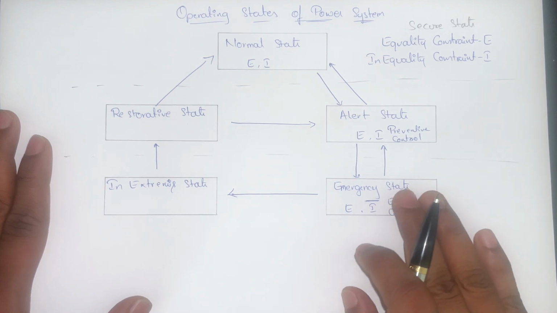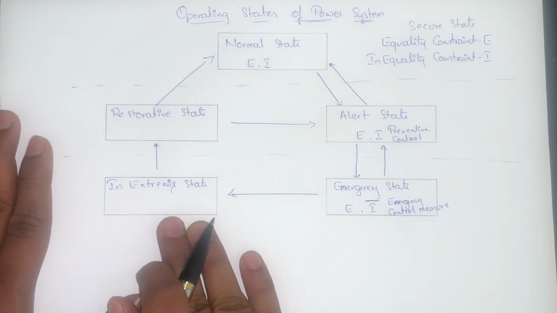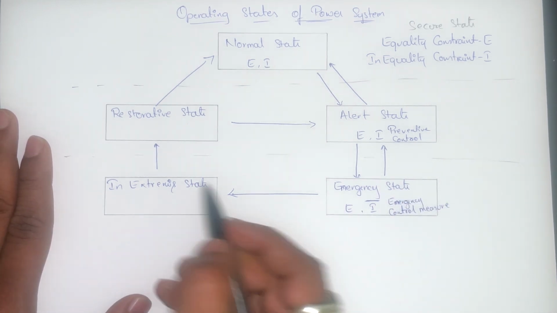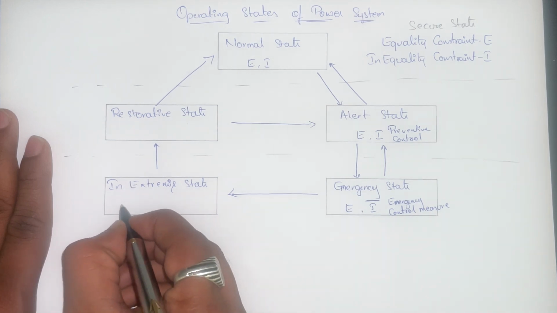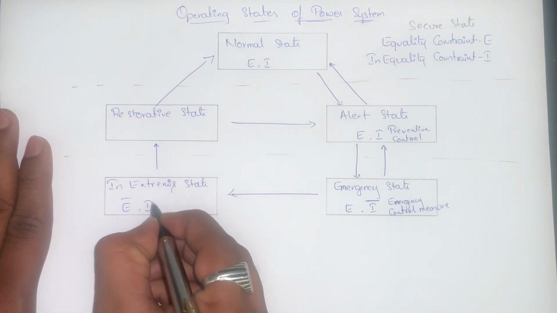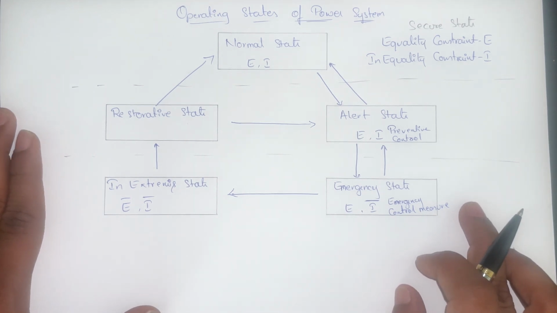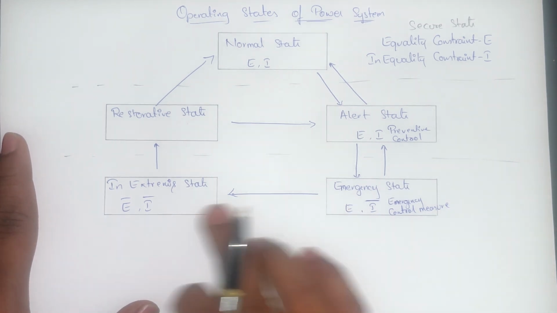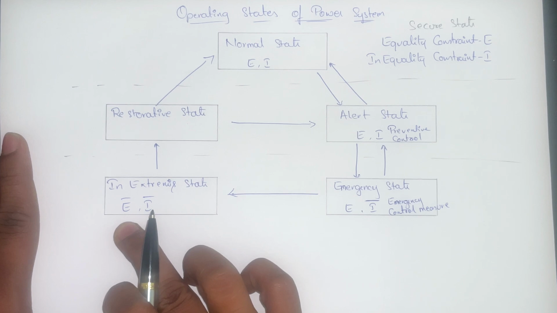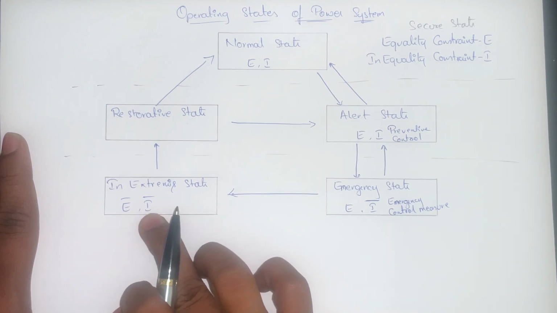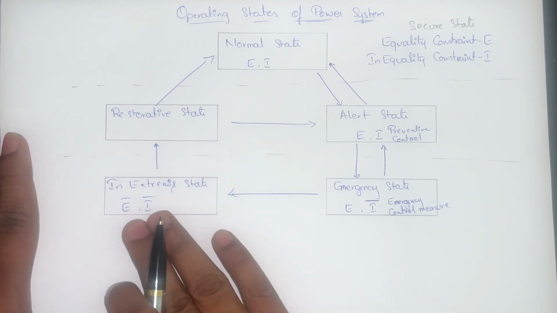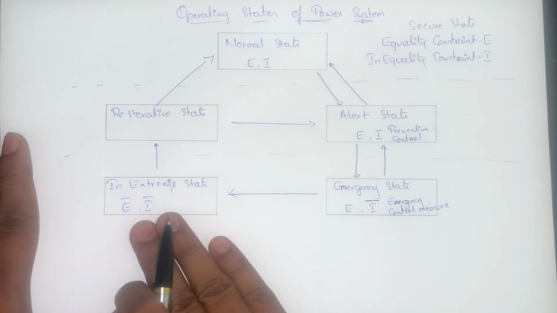Now next comes the in extremis state, where both the equality and the inequality constraints are not being satisfied, which means the power balance is also not there, and even the control parameters or the operating parameters are not being taken care of.